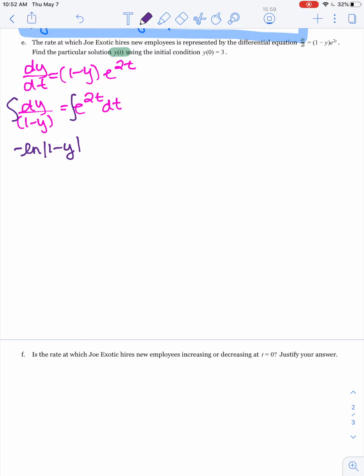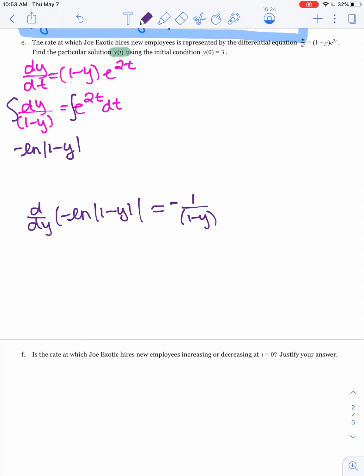So this is a chain rule, right? You can check this by pausing and thinking, what's the derivative of negative ln of 1 minus y? Well, we know that the derivative of the natural log is 1 over whatever's in the argument, so 1 over 1 minus y.